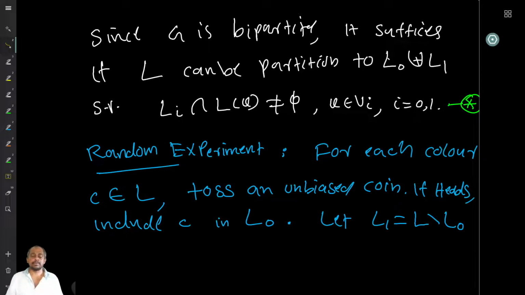Because we have a partition into L0 and L1, and then you have colors available because one side is independent. I can give all the vertices the same color if you want. So that is okay.